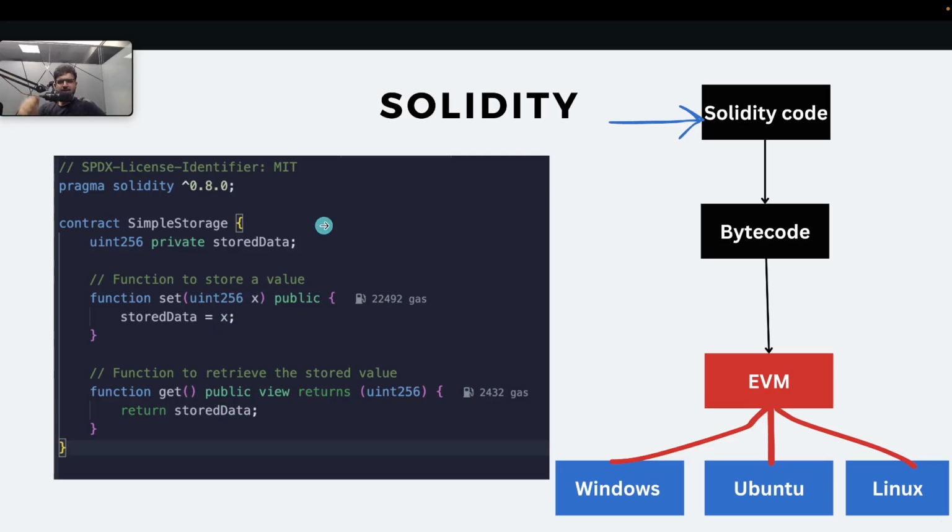If I'm being honest, it's simple syntax, right? A contract, define the variables, function number 1, function number 2. The set function takes a number as an input, uint 256, a 256-bit unsigned integer, and sets it to this variable. If you want to get the value on that specific variable, on that specific storage, you can call the get function.